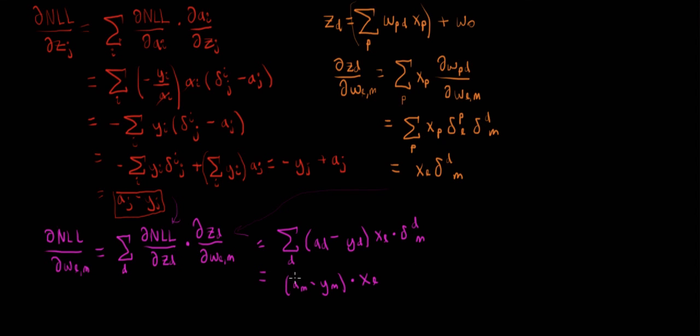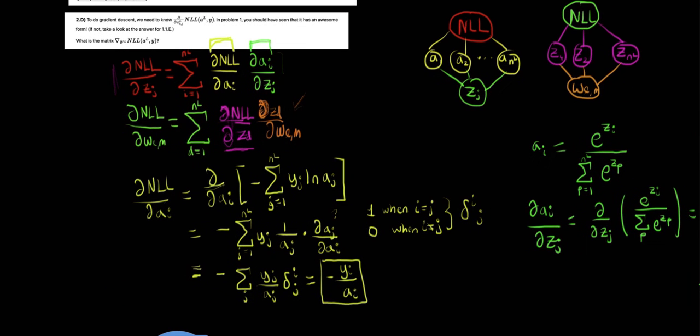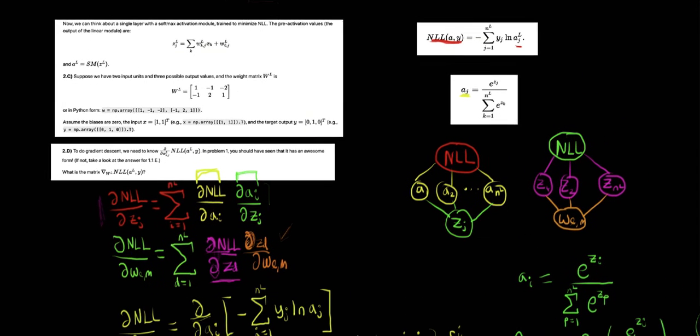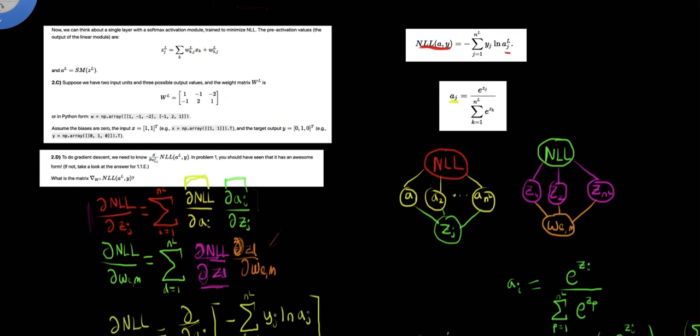Okay, so this is our final answer, but we're not quite done because this expression is still in the language of indices and not in the language of matrix multiplication. So if we go back up and look at the problem statement, this W matrix has two rows by 3 columns.